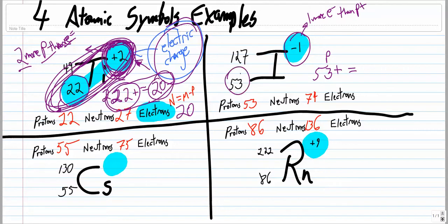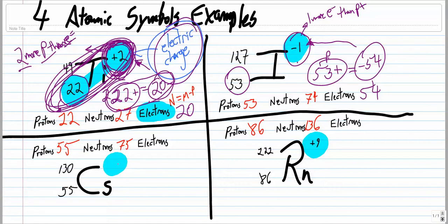So if we've got 53 protons, that means we must have 54 electrons. Because think about it, if you have a positive 53 and a negative 54, and you add those up, what do you get? You get -1. Okay? So really the problem for students is that they don't like that electrons are negative. If you get more electrons, then your charge actually goes down, it doesn't go up.